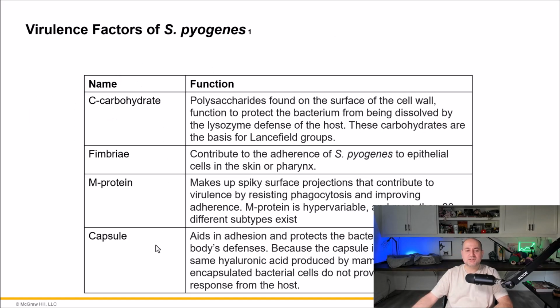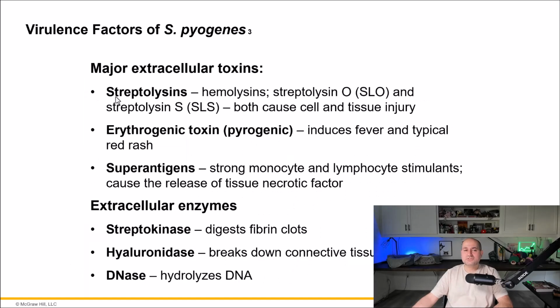These are some of the virulence factors that S. pyogenes possesses. And remember, virulence factors help a microbe to cause disease. And here are some extracellular toxins that it possesses, and extracellular enzymes, or exoenzymes, that cause damage as well. Look at all these toxins and enzymes that it secretes that can cause damage to your tissues.